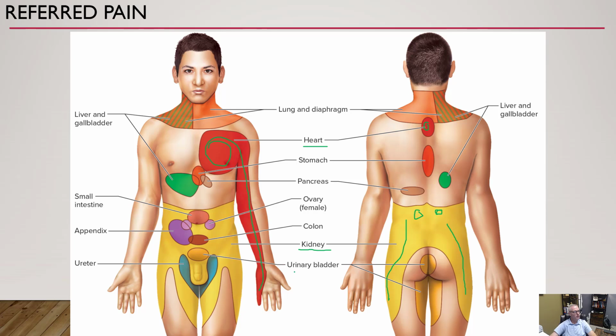Your bladder actually sits right here, but you could feel bladder pain all the way down, kind of like the top parts of your legs, on the medial aspect of your legs. So that's actually referred pain, because the pain does not necessarily lie where the organ actually is. It's just because those nerves that are innervating the organ link up with other nerves in the central nervous system.